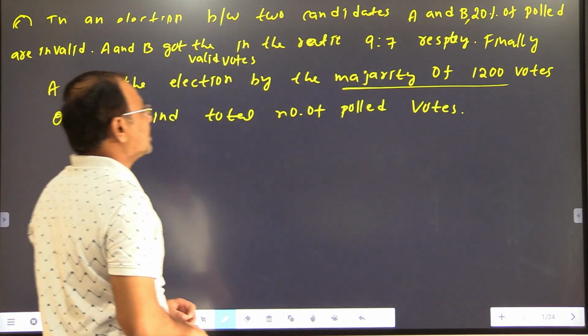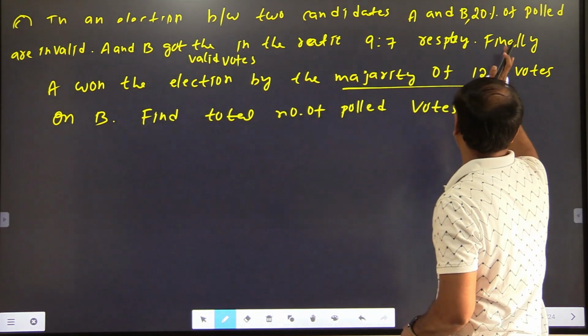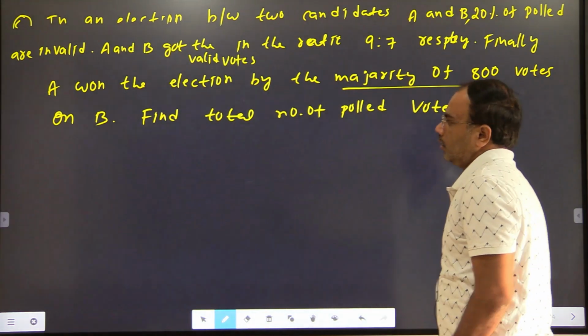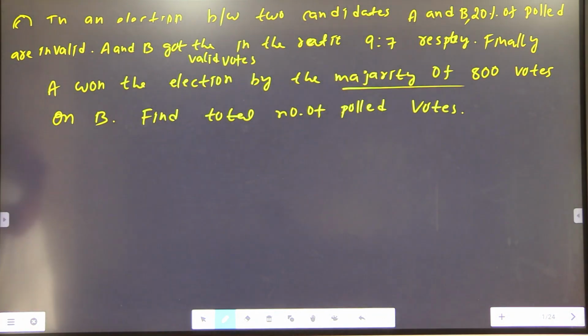Finally, A won the election by a majority of 800 votes over B. Find the total number of polled votes in the election.